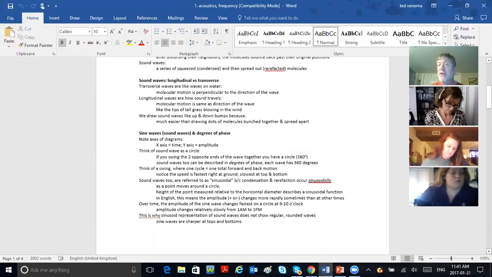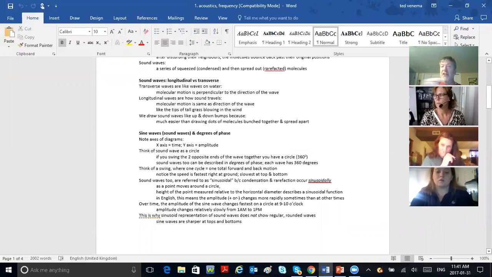Water waves are transverse. Water waves go up and down like this, right? And the up and down movement of water waves is perpendicular to the direction the wave is traveling.